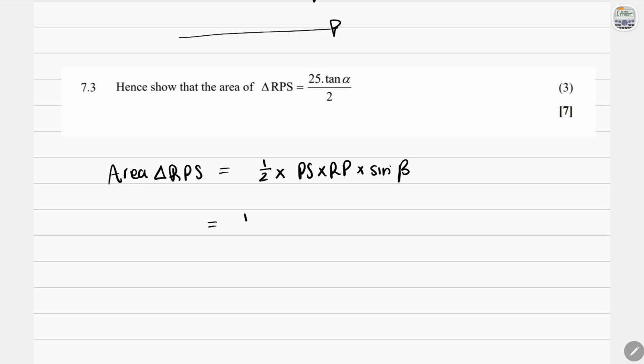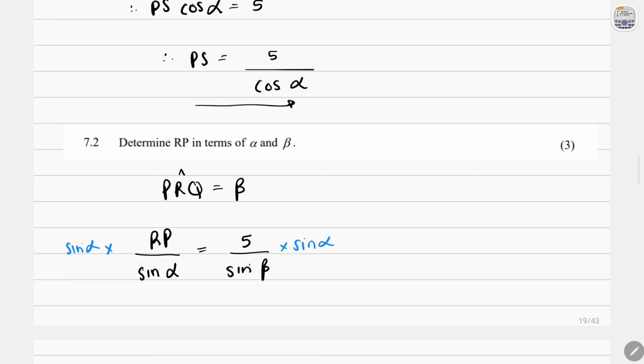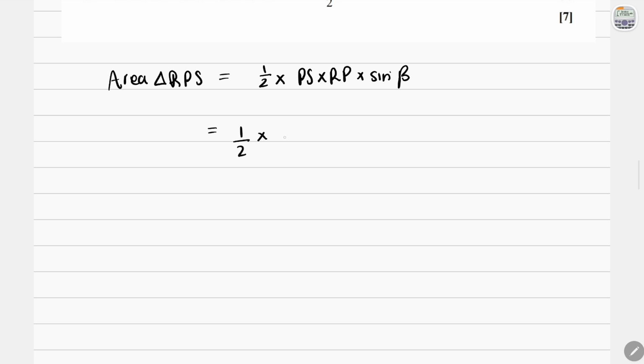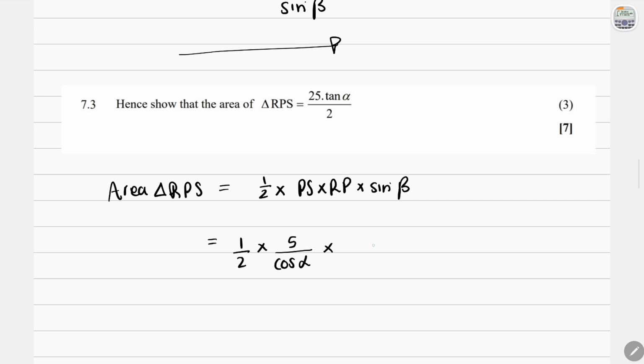And now we can just expand. So this is a half. We'll just put it as a fraction because the others are also going to be. PS, we previously found, was 5 over cos alpha. So this is 5 over cos alpha multiplied by RP, which is 5 sine alpha over sine beta.